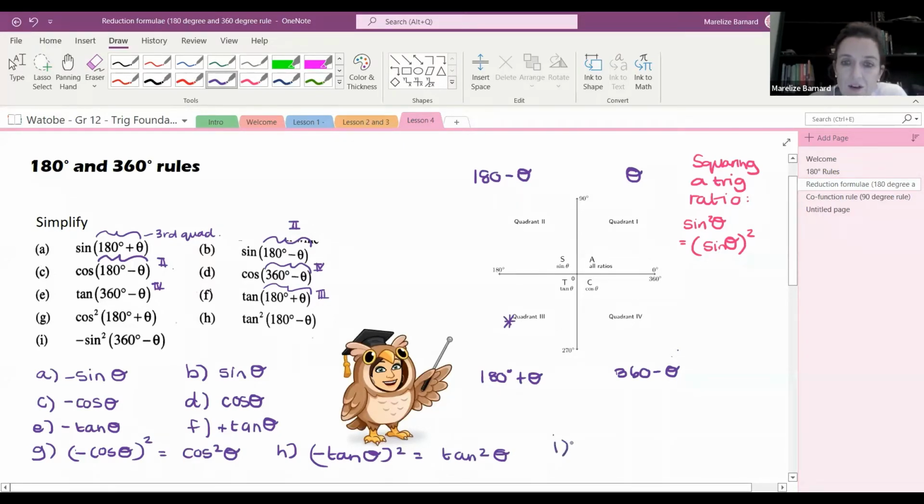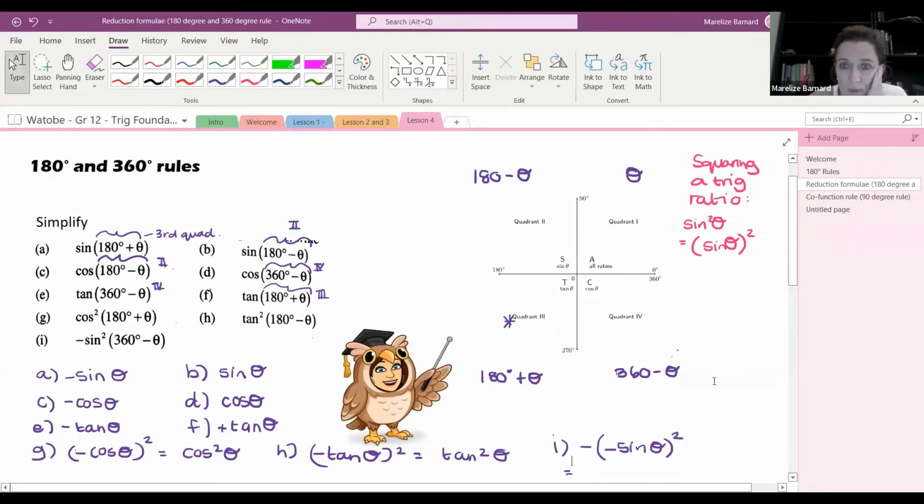Okay. Last one, question I. Okay, let's think carefully here. Minus sine squared of 360 minus theta. So let's do the sine theta first. Sine in the fourth quadrant is negative. So negative sine theta, and we're going to square that.